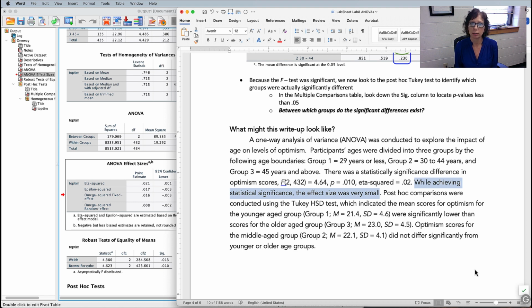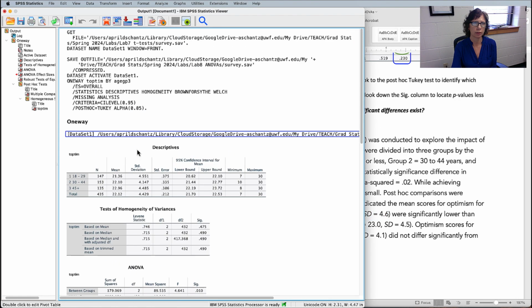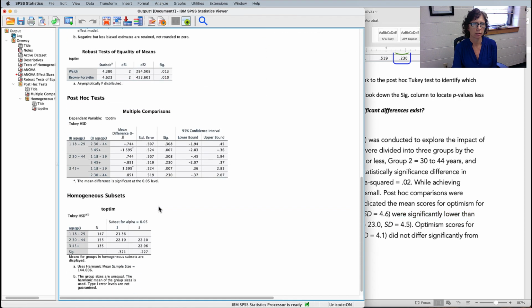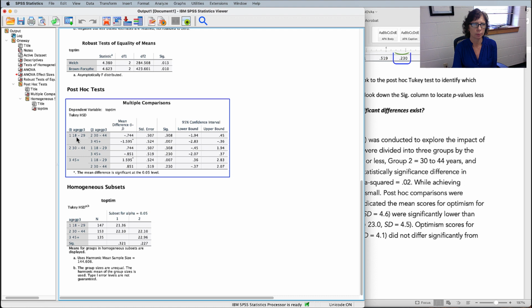We looked at post-hoc comparisons using the Tukey test, which indicated mean scores for optimism in the younger aged group, which was the one we can get this information, the mean and standard deviation, we can get that out of our descriptives table, were significantly lower than scores for the older age group, because that's where we saw on the post-hoc that the differences were really happening, was between group 1 and group 3.